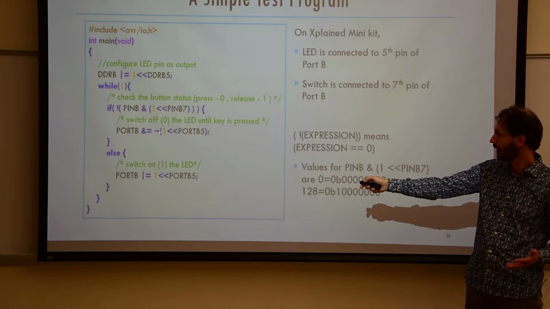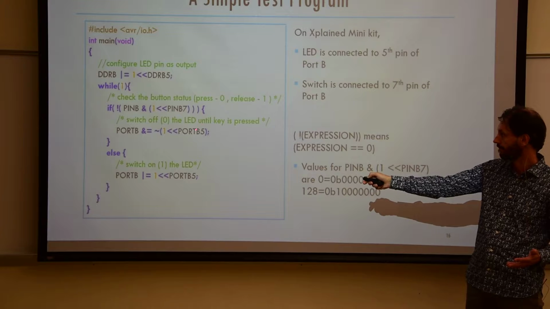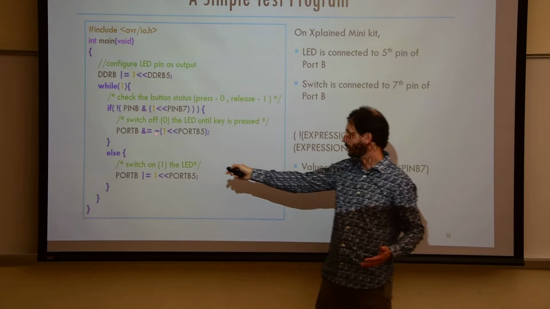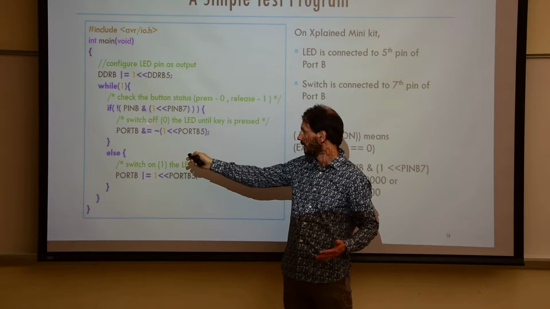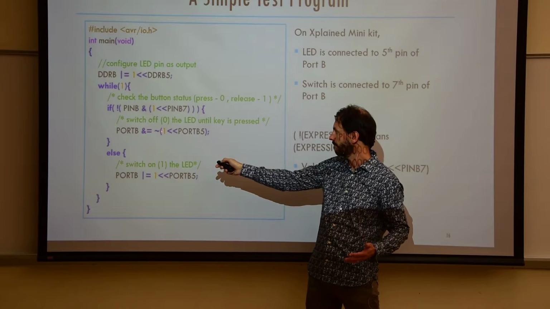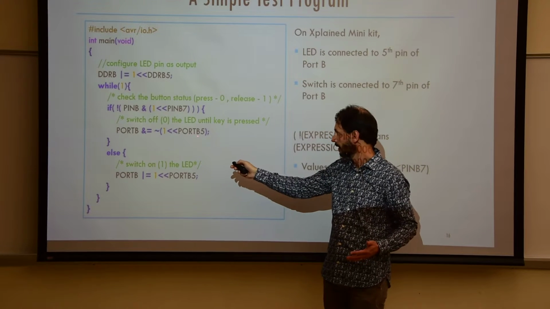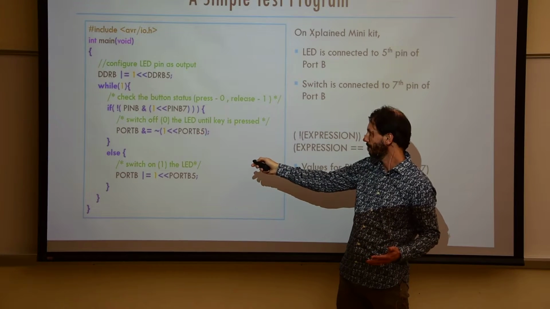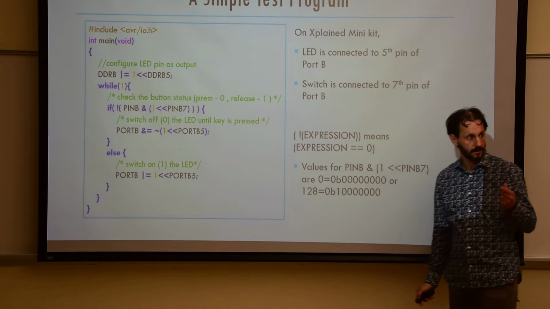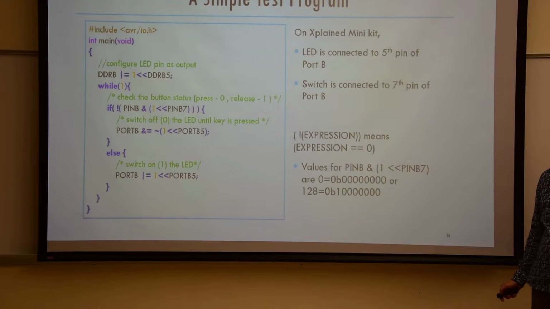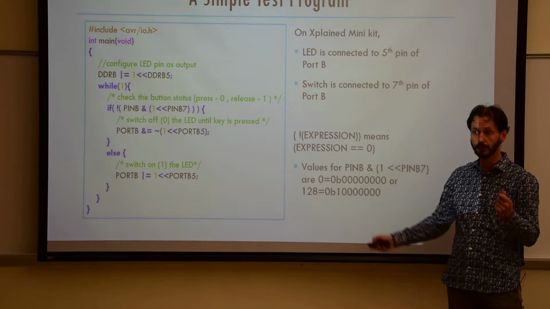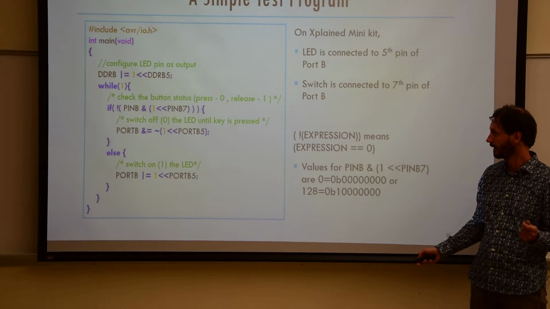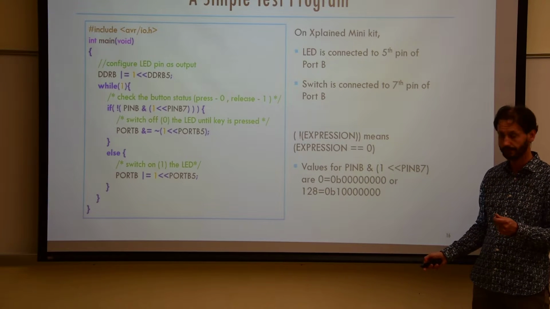I'm going to switch off the LED. How do I do it? I have this compound instruction, and I said that this means that I clear the bit on position B5. So I make that particular bit, the 5th bit, in port B equal to 0, right? And that means that I'm switching it off.